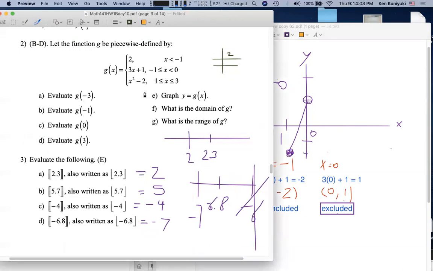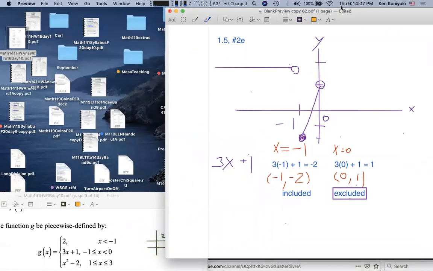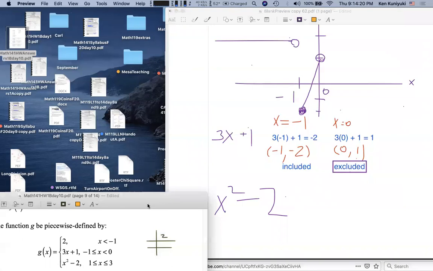Third, y equals x squared minus 2. All right, 2 endpoints, x equals 1, x equals 3.